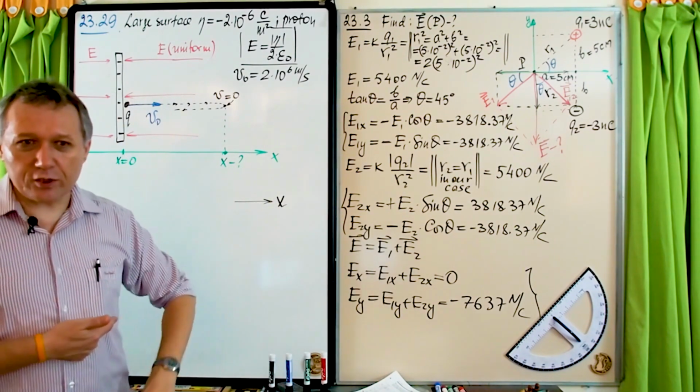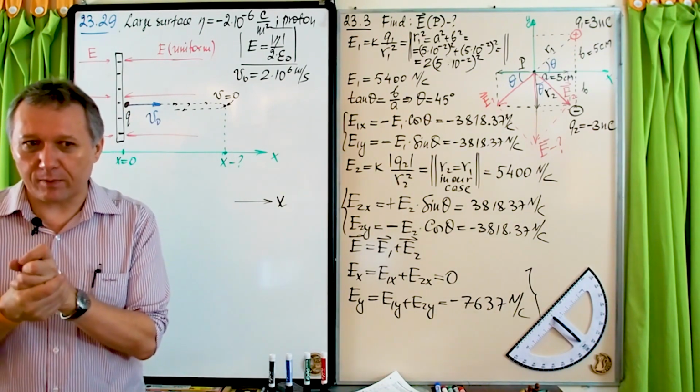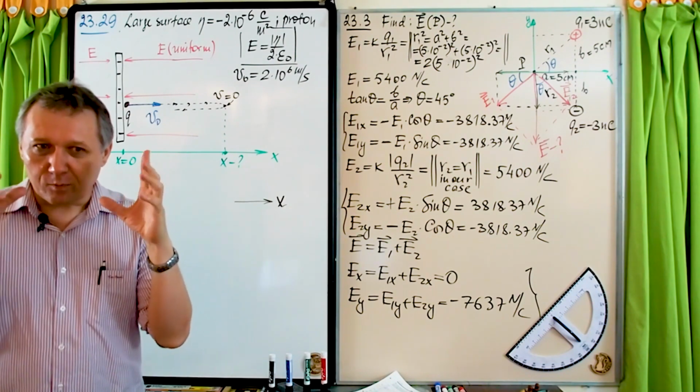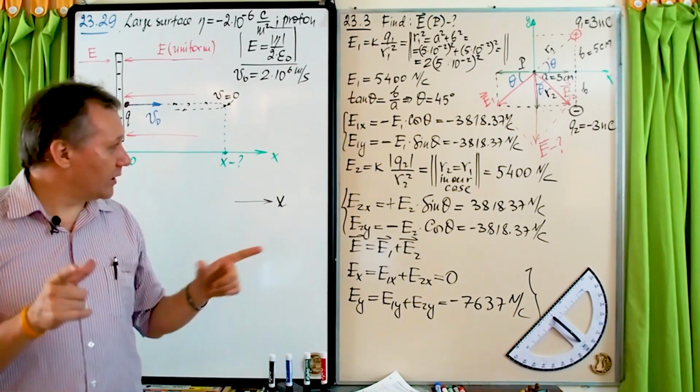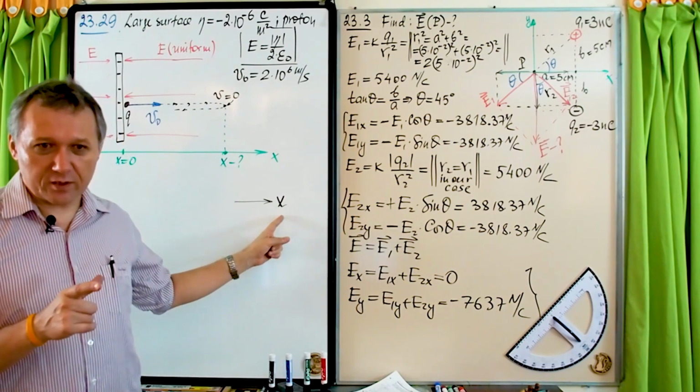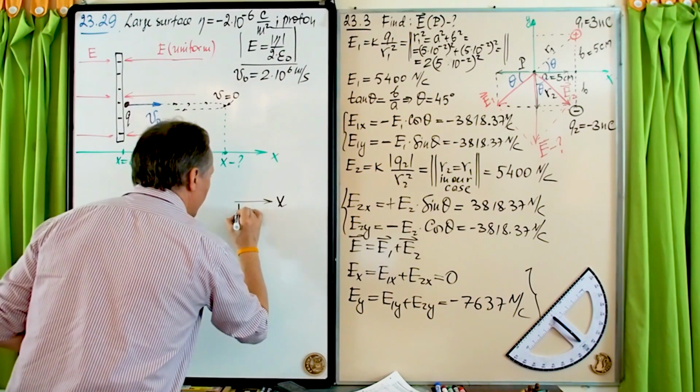And every time, what did we use in order to calculate something in the world of kinematics? Most of the time, we used kinematic equations. So we will have to use kinematic equations to find this x.